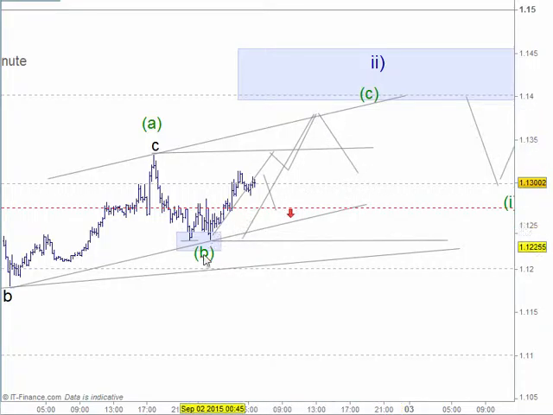So it's more important to count 5 waves in the C wave than anything else. Short under the 1.127, or just wait and allow this to roll up there.